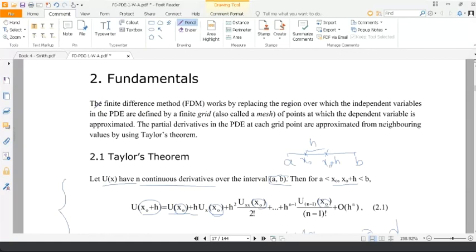If we have the value of u and u_x and u_xx and any derivative of u with respect to x at x0, then we can compute u of x0 plus h.